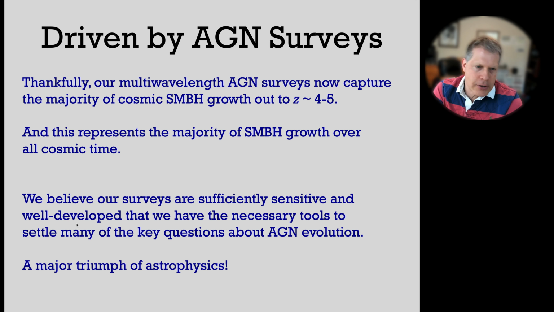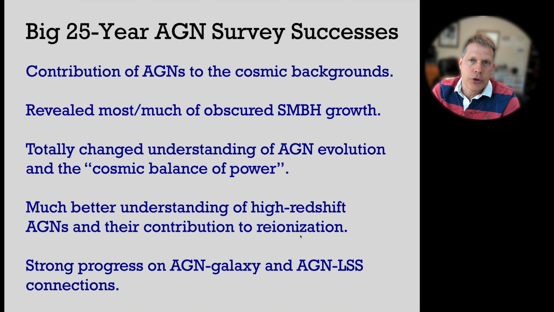We think that our surveys are sufficiently well developed in those senses that we now have the necessary tools to settle many of the key questions about AGN evolution over the majority of cosmic time. And that's what we'll talk about today.